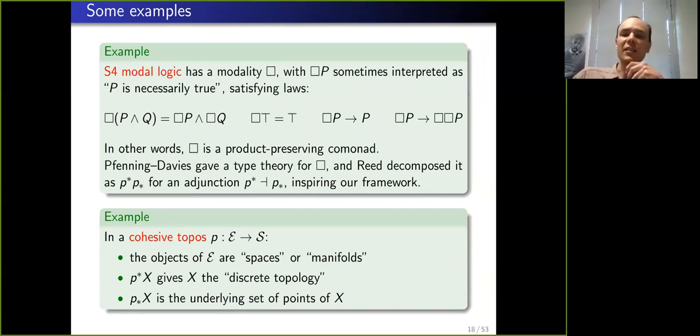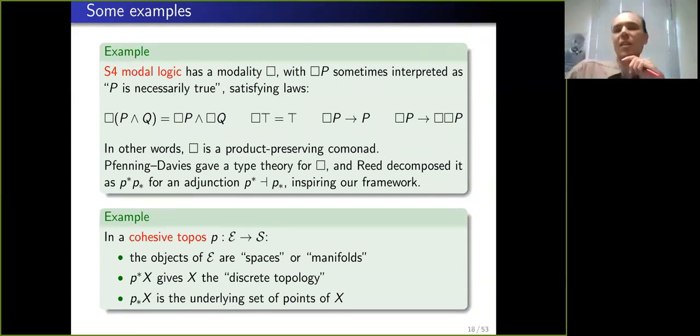We were motivated in writing down this type theory by type theory from modal logic. Modal logic has a lot of different kinds of modalities, but one of the most classical modalities is the necessity modality, which is often written as a box.